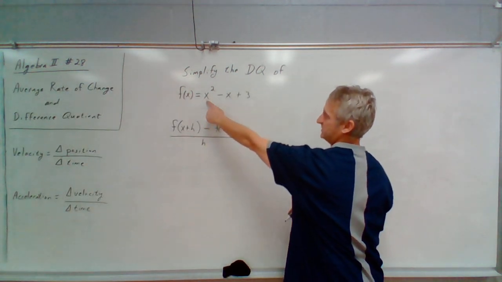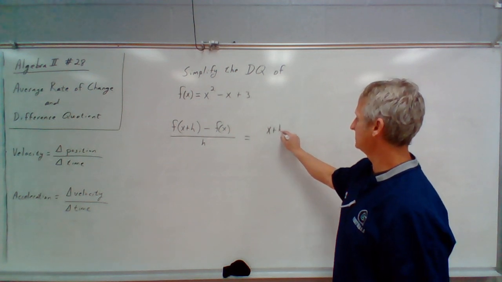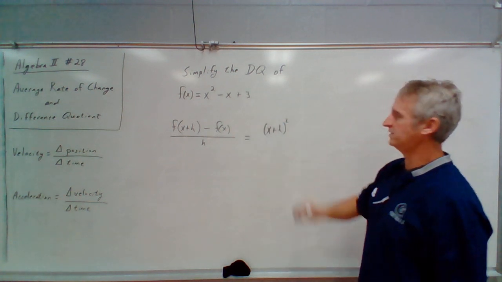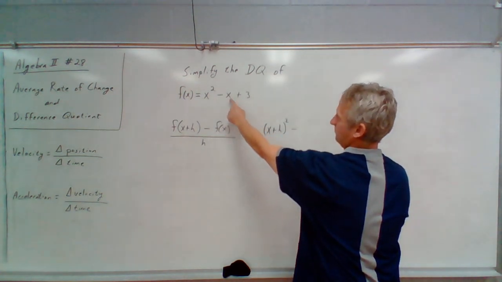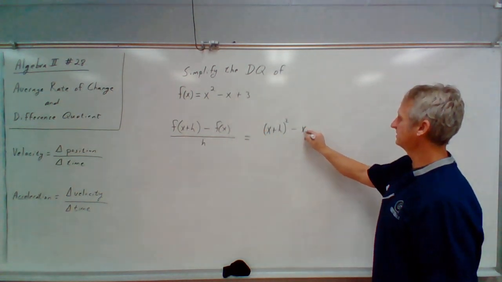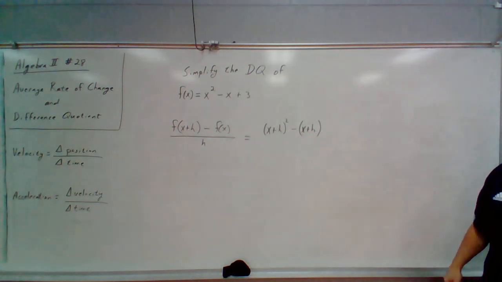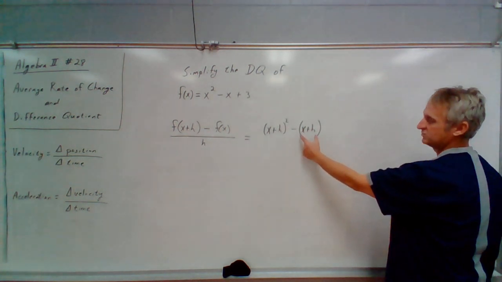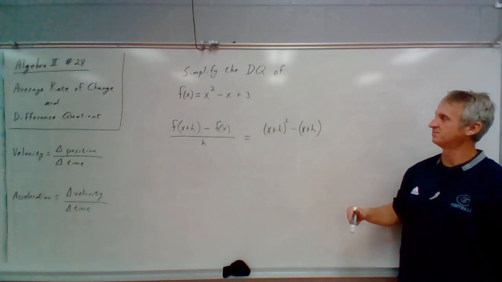So I'm going to put an x plus h here. So that'll be x plus h squared minus, put an x plus h where that x is, x plus h. It's essential to have those parentheses around this x plus h. You've got to have those parentheses because you have to subtract all of this.